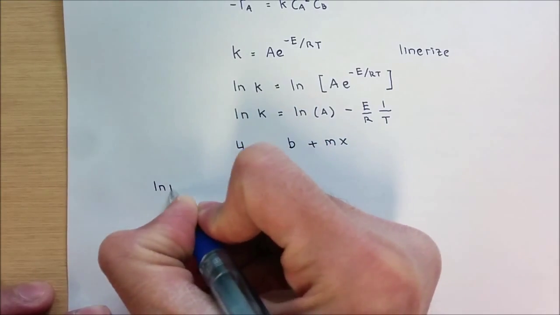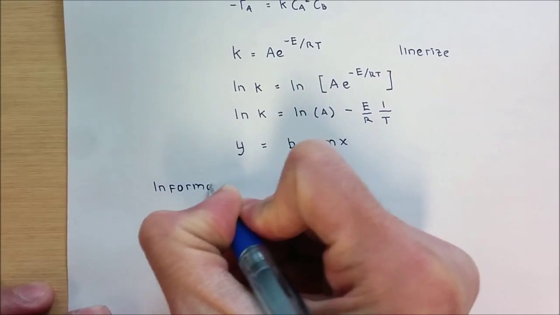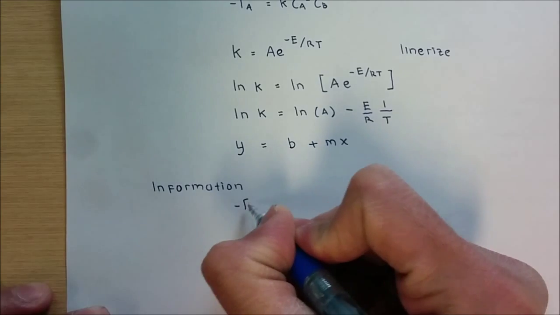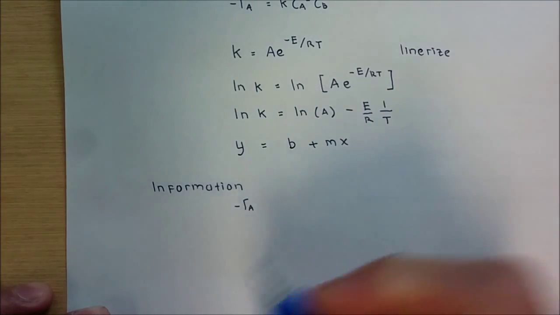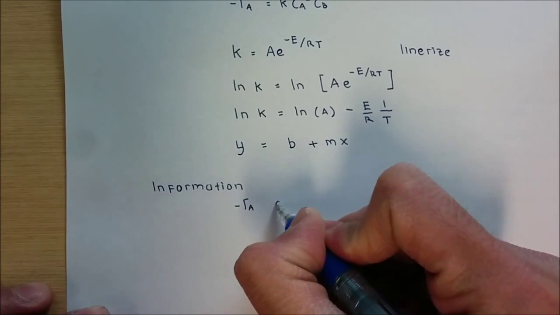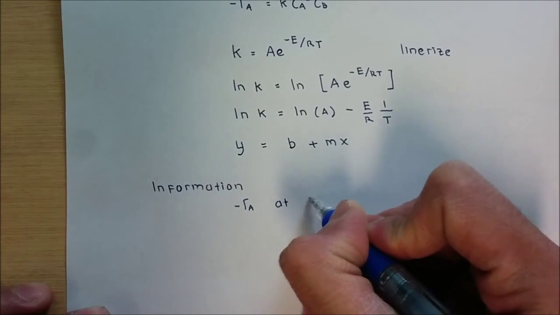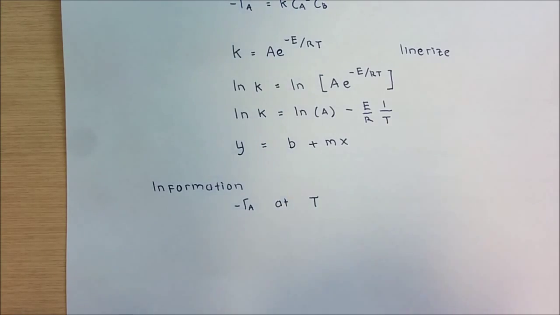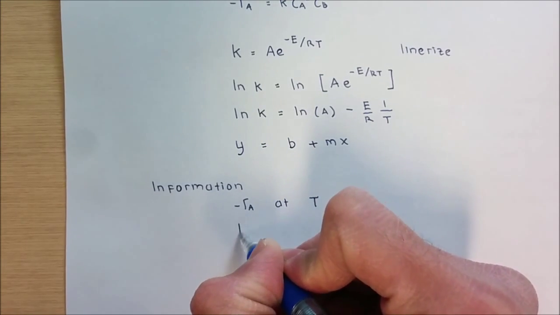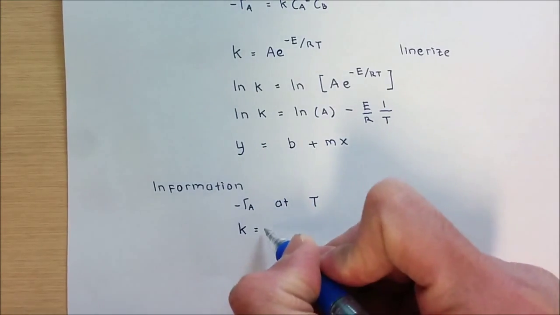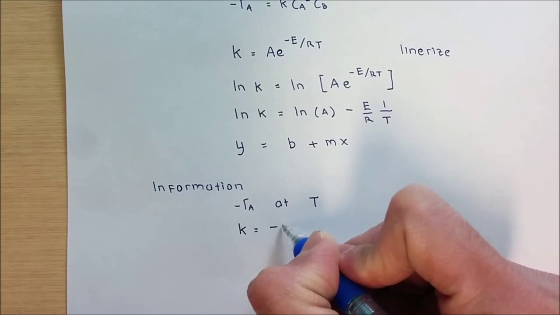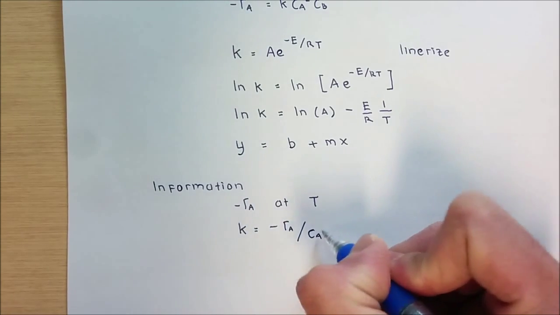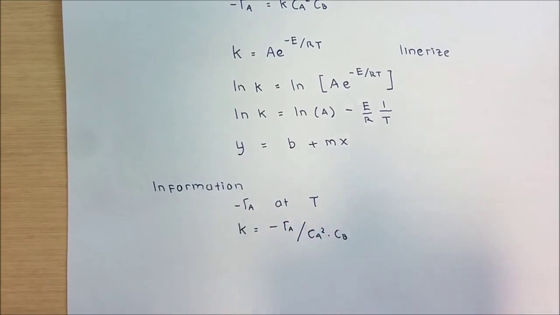Based on the information that's available, we have the value of rA at certain T. So what it means, we can calculate k, which is going to be equal to rA over C_A squared times C_B.